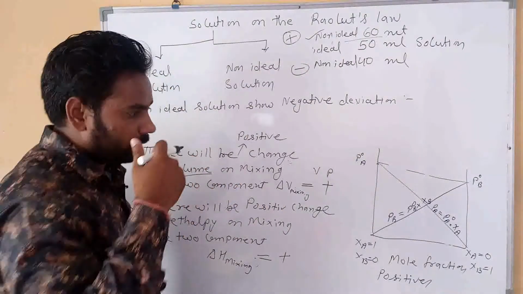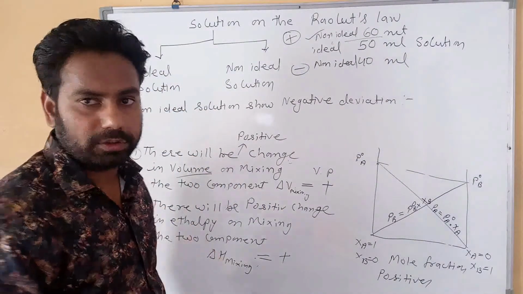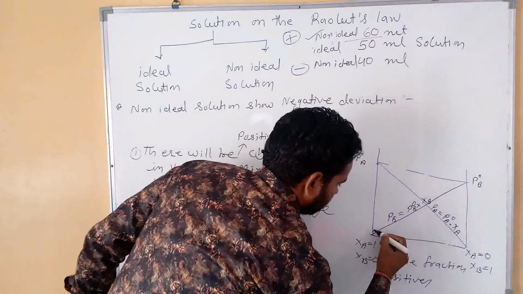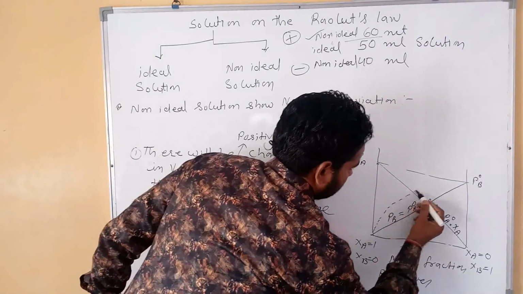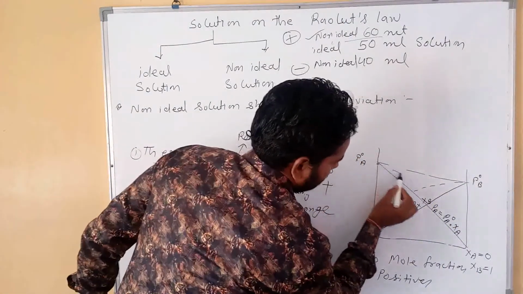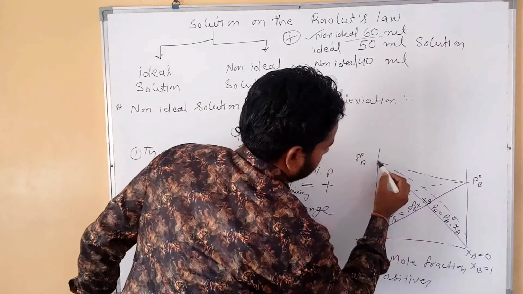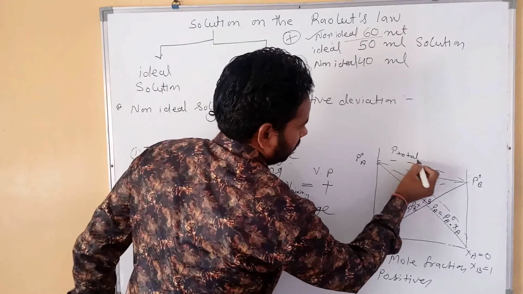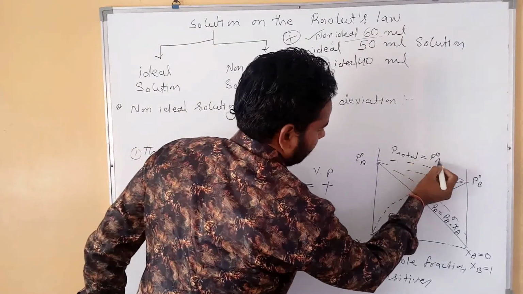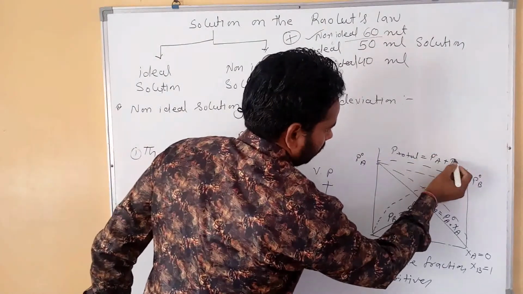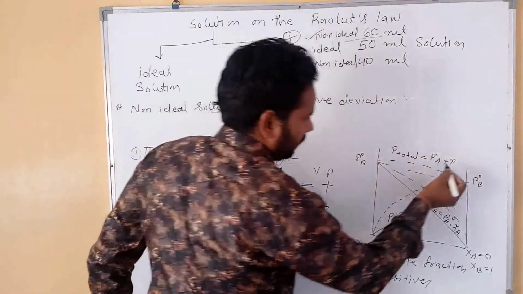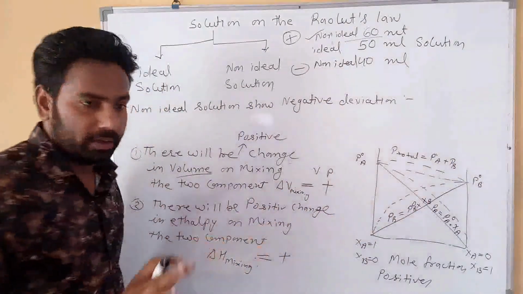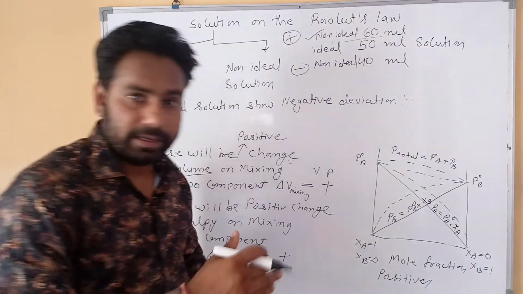Every part of the solution shows maximum vapor pressure, so we mention dotted lines here. Then P total is equal to PA plus PB. That is the graph for positive deviation.